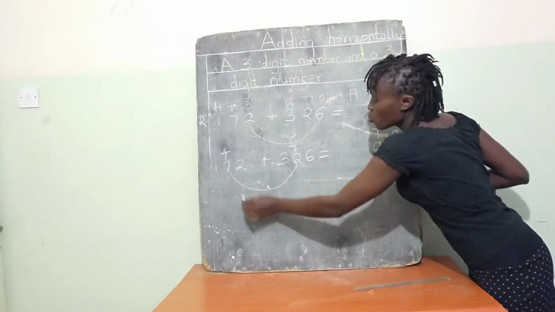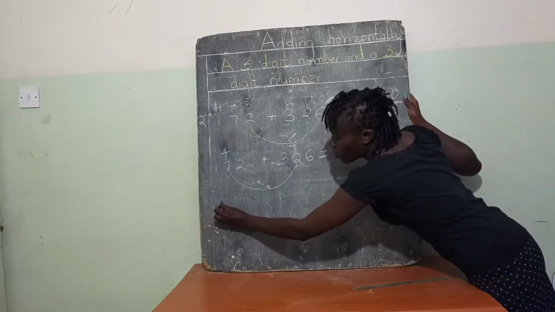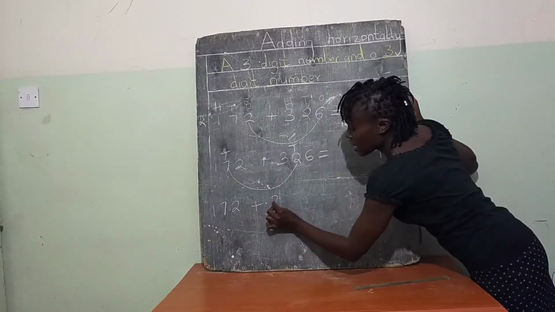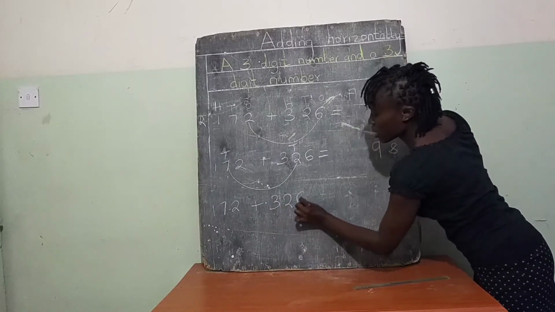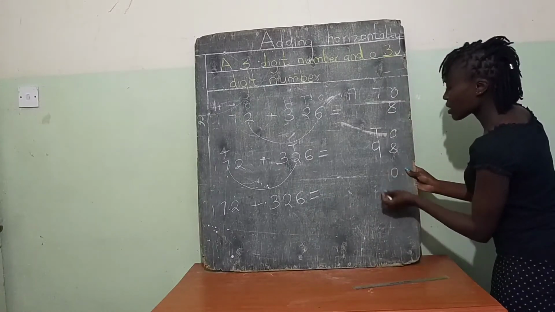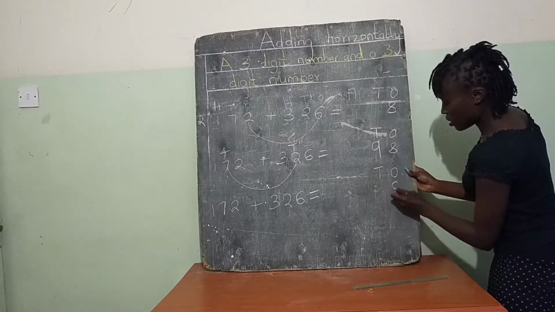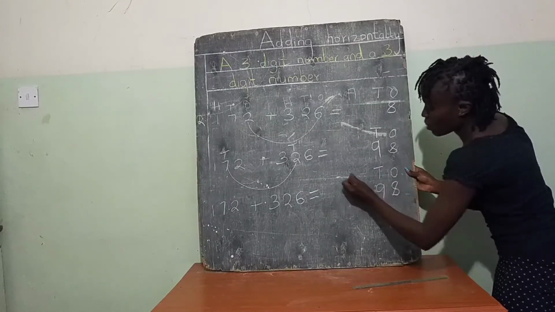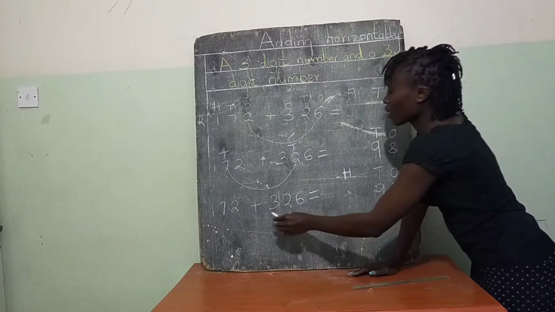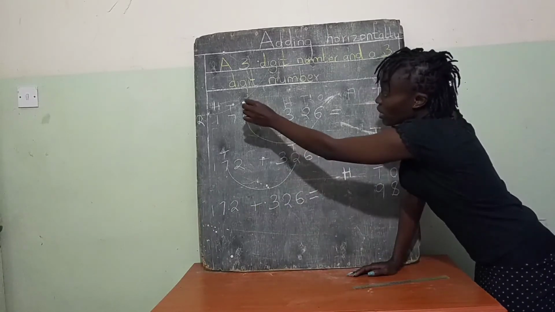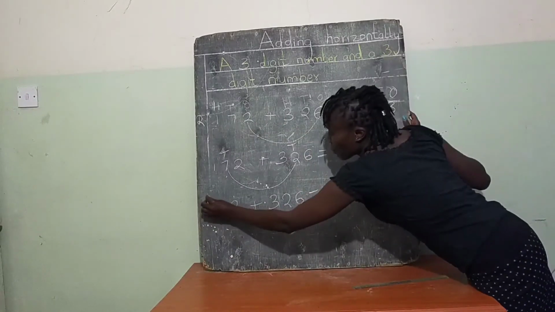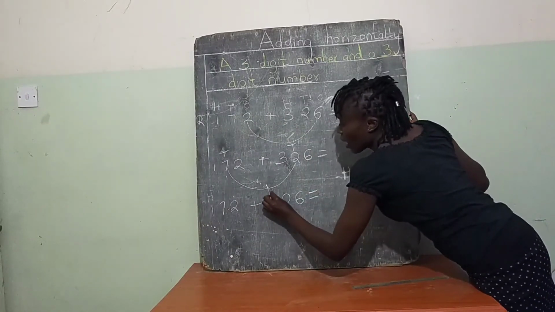We move on to the next step, which is you write the question again. 172 plus 326. Then we have the ones answer, 8, and the tens answer, 9. Then we get the hundreds answer. It is 1 and 3. You label up here hundreds and hundreds.